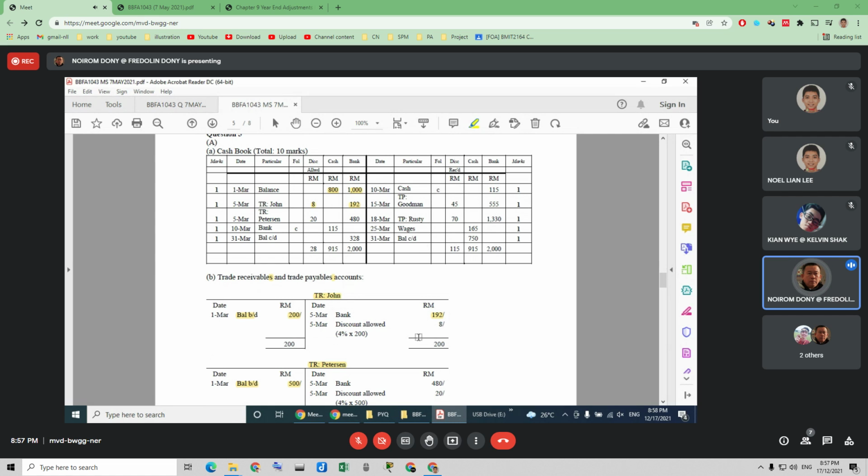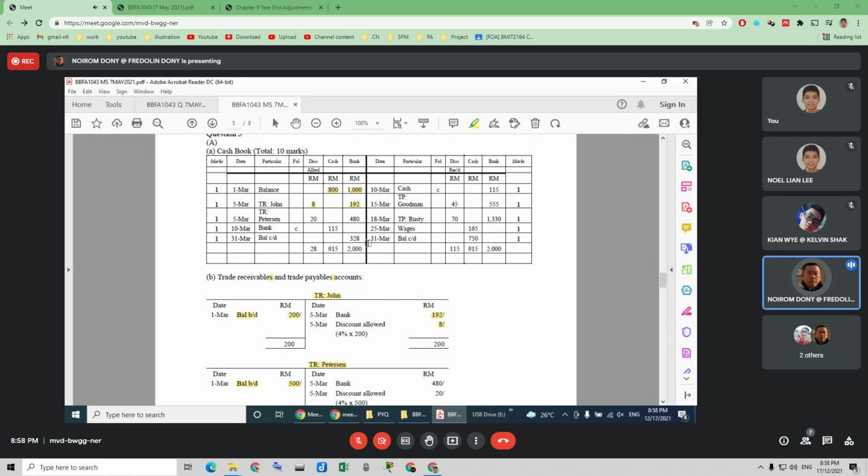And then we credit 8 ringgit in the trade receivable John, in particular writing down discount allowed, resulting from this transaction. So it is settled, 200 credit and 200 debit, the same amount. So no more balance carried down and balance brought down.